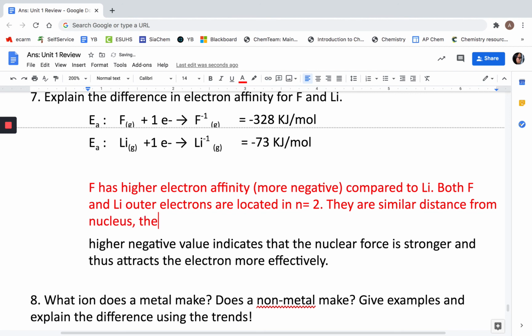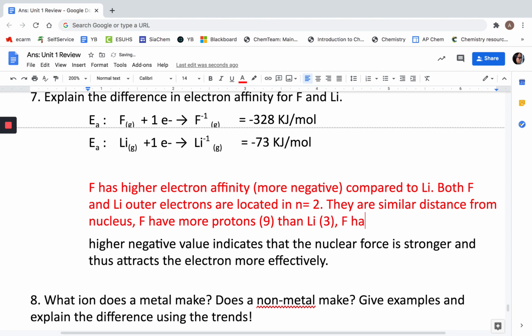Nucleus. The F has more protons than Li. Okay, so F has more protons. By the way, F has 9 protons compared to Li, which has 3 protons.